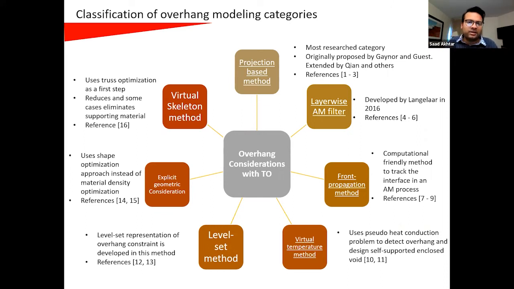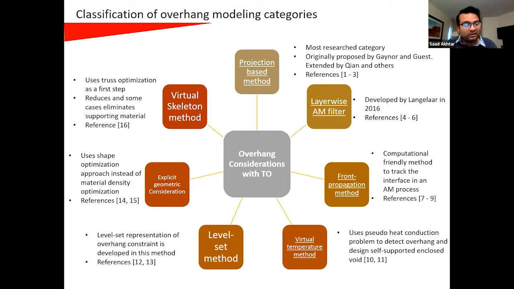And in most of the cases, by the way, they had this constraint that you have to have support material for some of these approaches to work, such as the virtual skeleton method, and also explicit geometric consideration, where you can use a shape optimization approach instead of the material density optimization approach. That reduces your design variables, but at the end of the day, the results that you get weren't very robust.